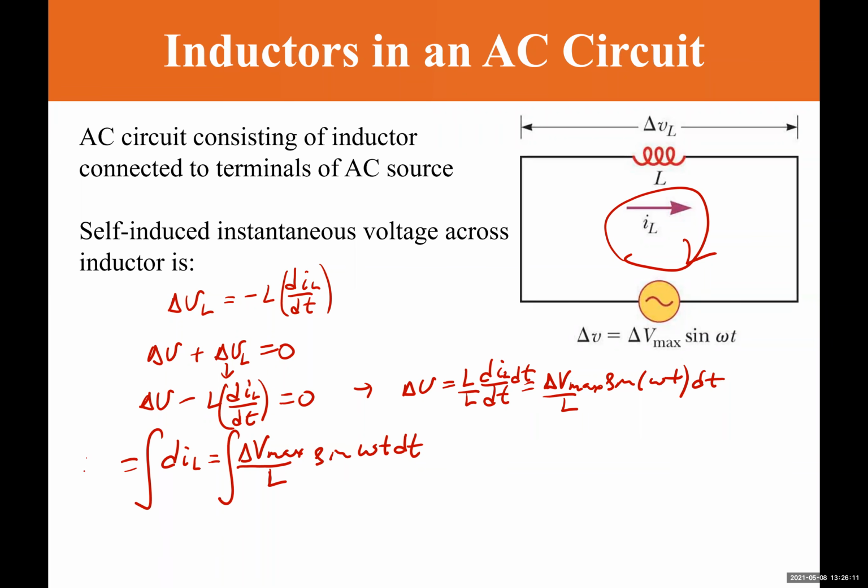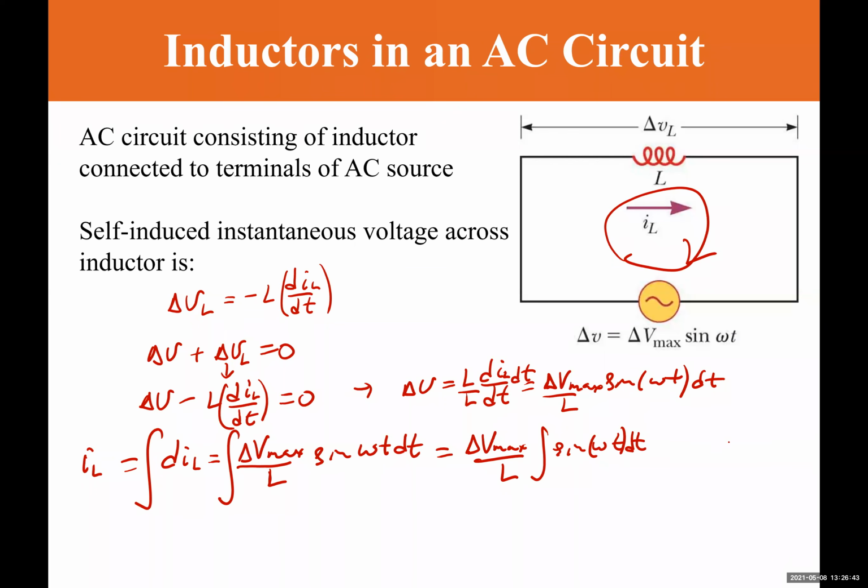The left side is I_L, and on the right side you have the integral of the whole thing. Delta V max and L are constants and can come out of the integral, so we're integrating just sine of omega t dt.